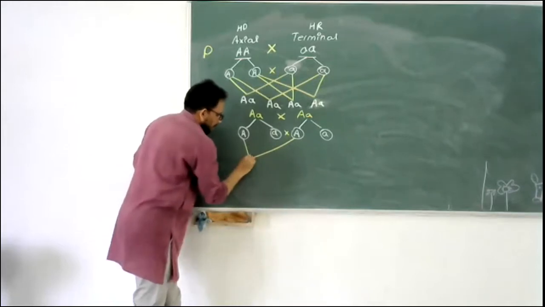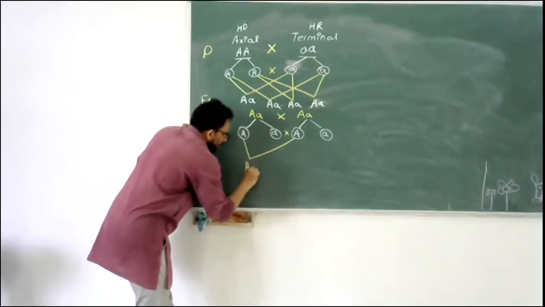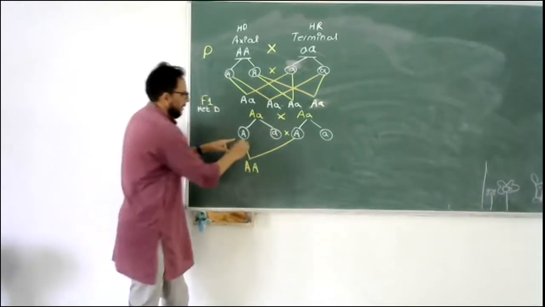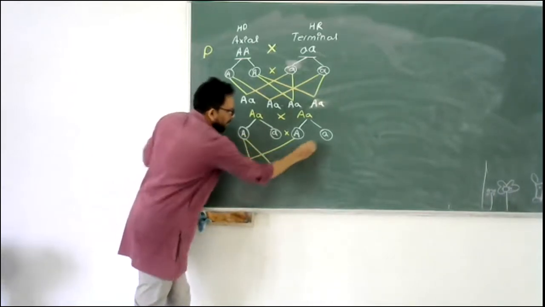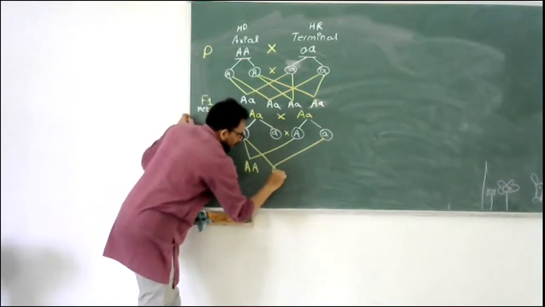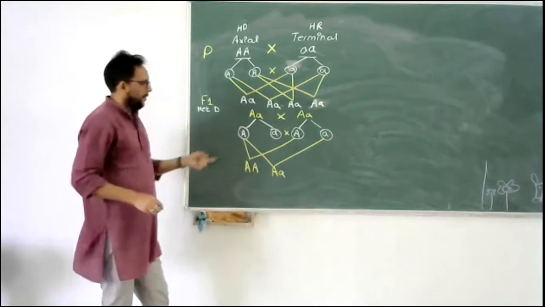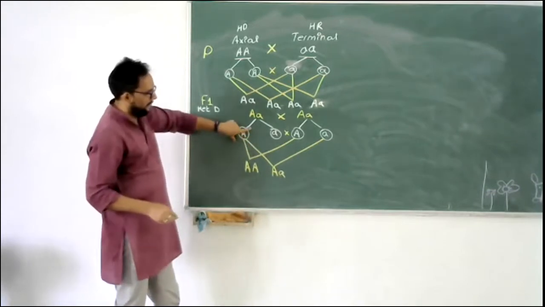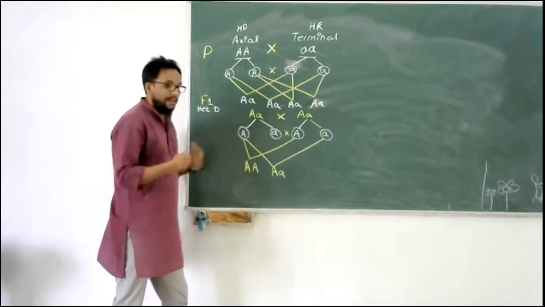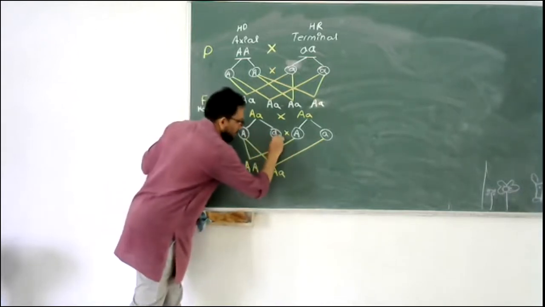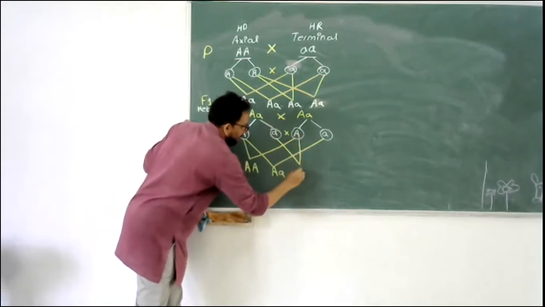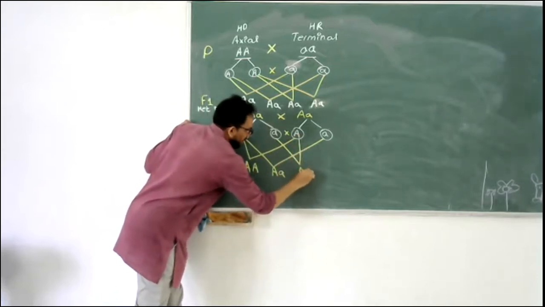So this combination will give us capital A, capital A. Then this gamete can fuse with the other gamete, that is capital A, small a. The other possibility with this is done now. It can only fuse once with this, once with this. The other possible combination is this gamete fusing with this. It will produce capital A, small a.